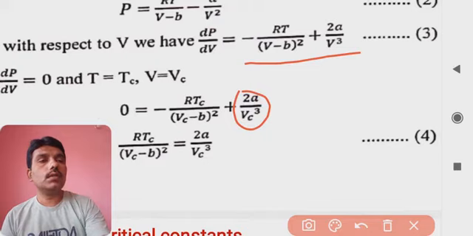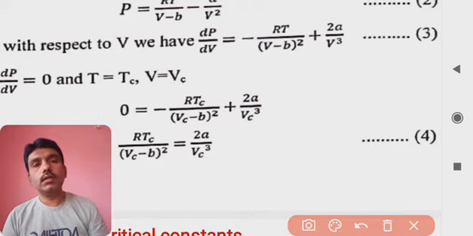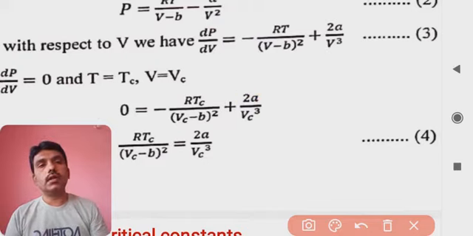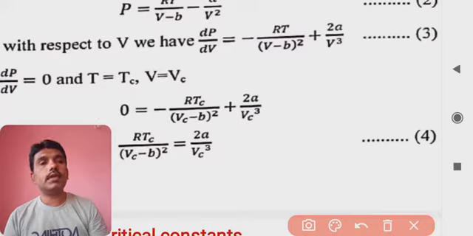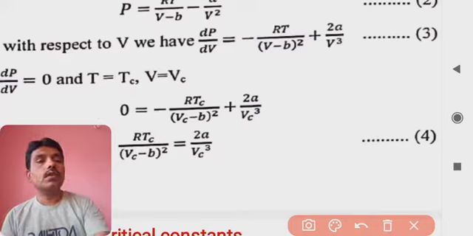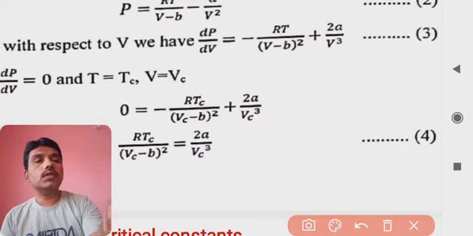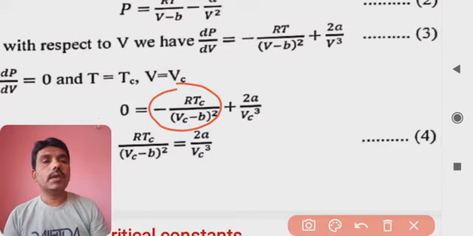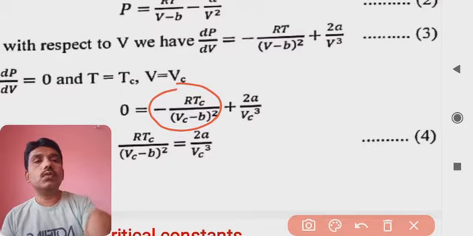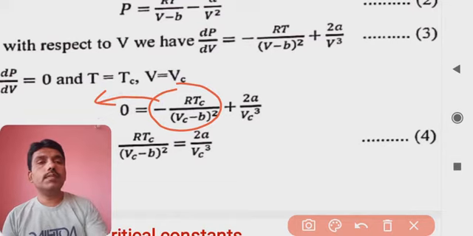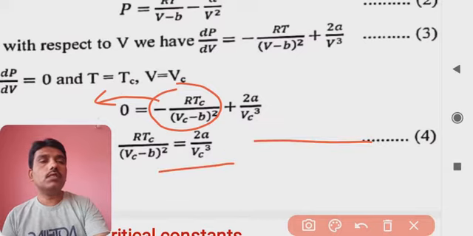These are just notations: at the critical point it is called the critical volume and the critical temperature, and that's why we are changing this. Now in this equation, if minus RTc upon (Vc minus b) whole square goes to the left hand side, it becomes plus, and the new relation will be RTc by (Vc minus b) whole square is equal to 2a divided by Vc cube. So this is equation number 4.